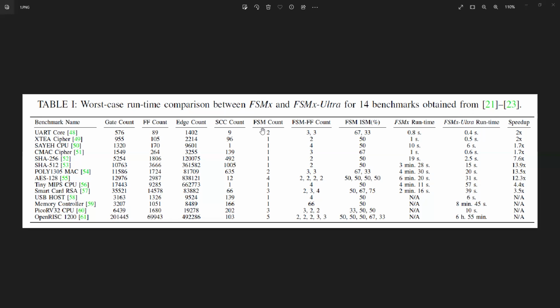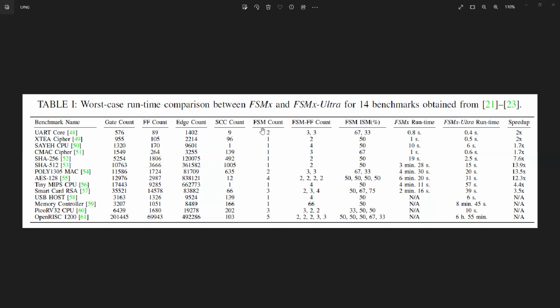So of course, if you analyze strongly connected components, just looking into the SCC regions instead of looking into the entire netlist, that significantly reduces the computational complexity. It was the main motivation behind FSMx-Ultra, that we did not try to analyze the entire netlist at once. Rather, we deconstructed the netlist into smaller parts using Tarjan's SCC algorithm.